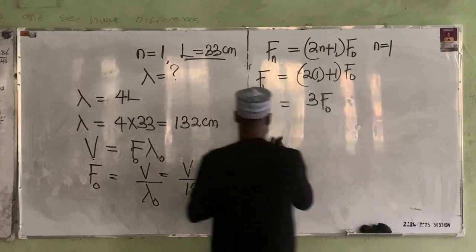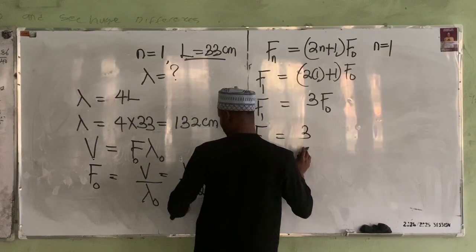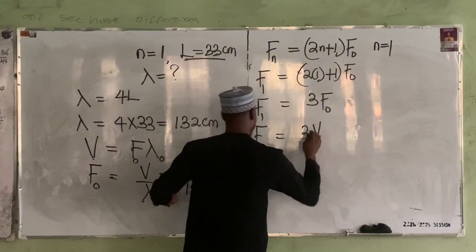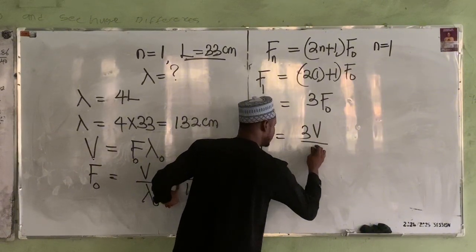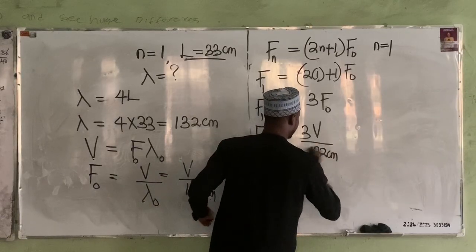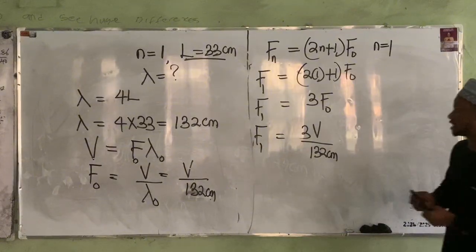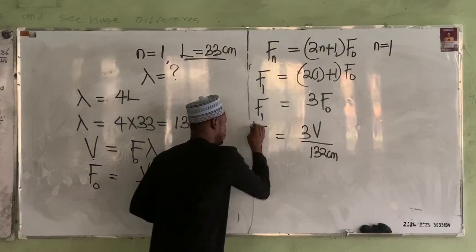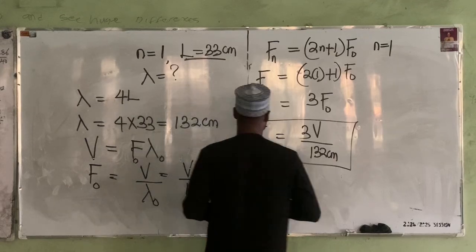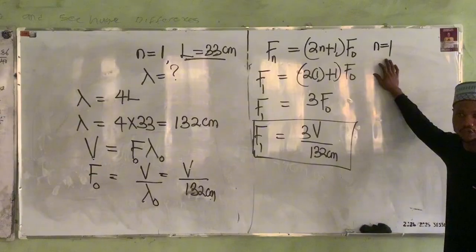Our F1 will be equal to 3 F naught, which is 3V over what, please? Over 132 cm. Please take note. So class, we have calculated this, which represents the first overtone frequency.